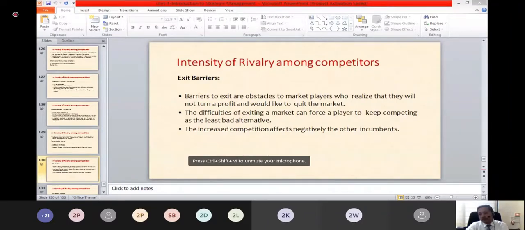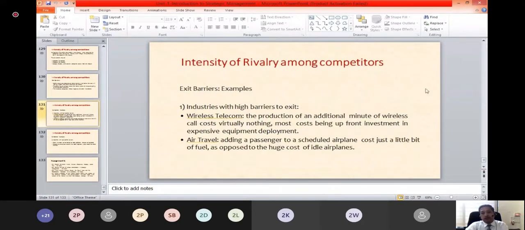Incumbents here means the existing players and new entrants. So with exit barriers, the existing companies find it difficult to leave the industry, and new entrants also will have to think over whether to enter that industry or not, because once entered, leaving that industry becomes difficult.